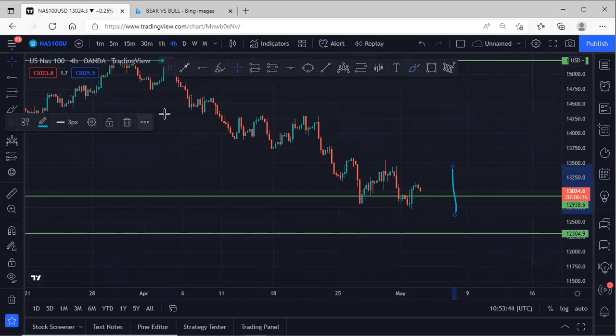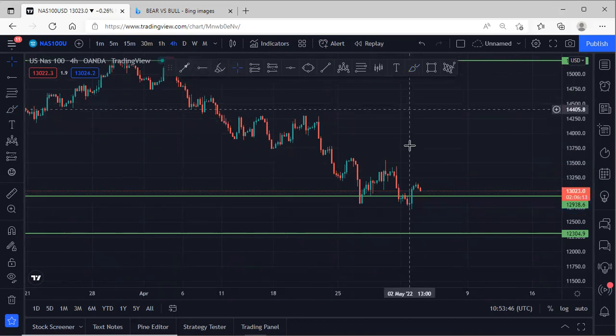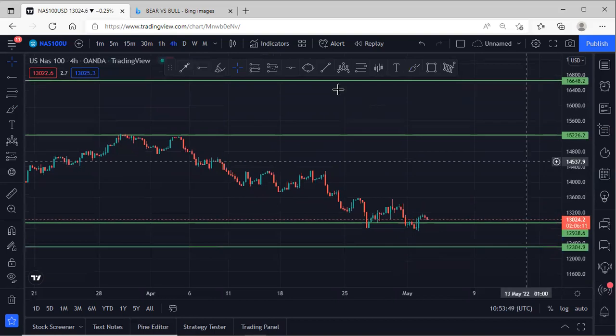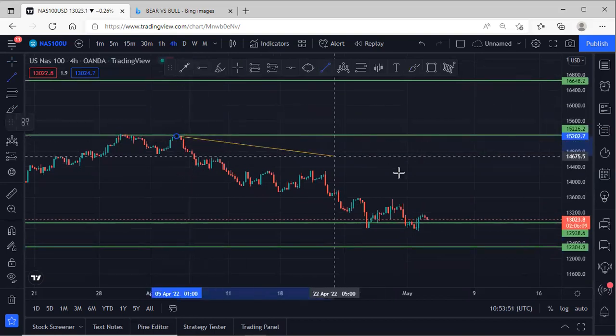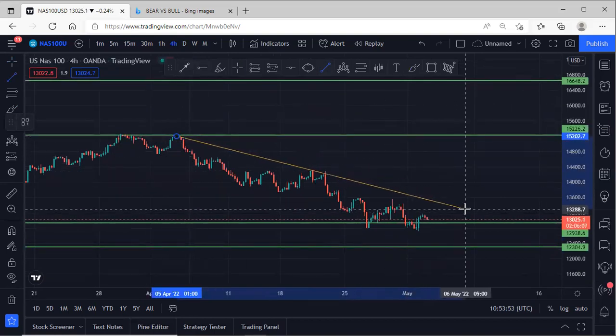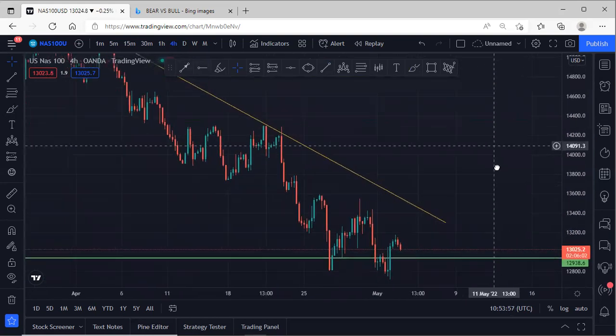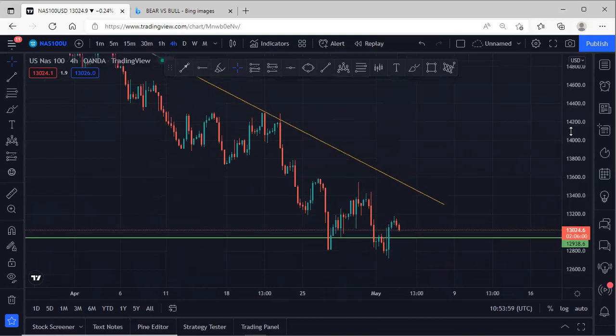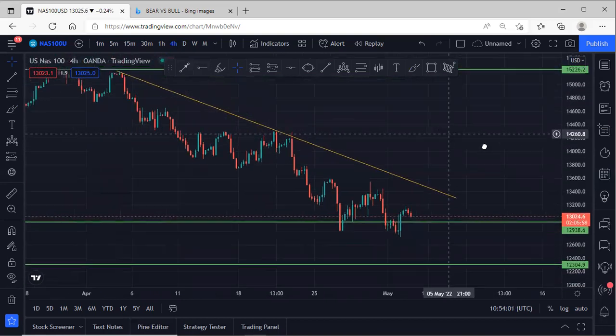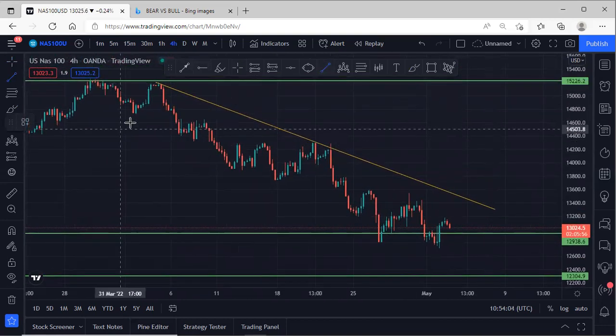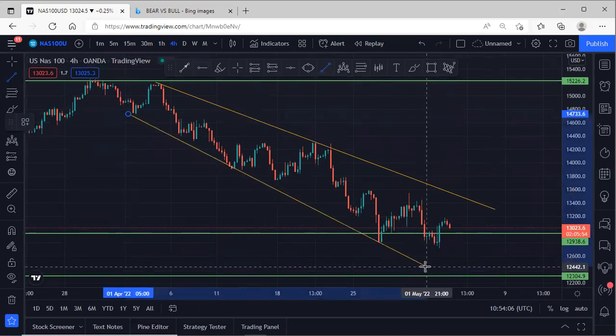So let me just clean this up. Yes. And then we take that and say, okay, we have some pattern to the downside, right? I don't want to draw this pattern again because I've been drawing this pattern for the longest time, and it is still respected, but I just think it's time for me to change. And we have also this pattern right here.